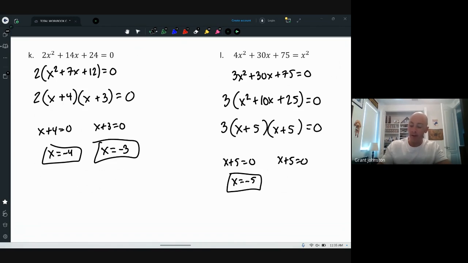These are both negative 5, so I don't even need to do this one, right? There's only one answer to this one, which is kind of fascinating. It's just negative 5. So it doesn't really make sense to write it twice. So x equals negative 5.